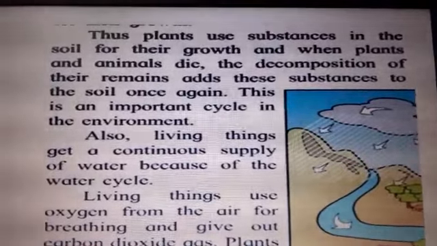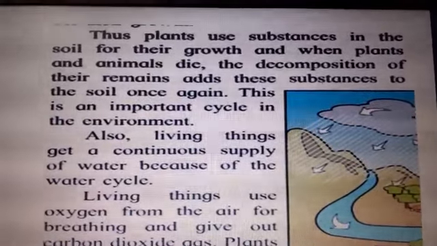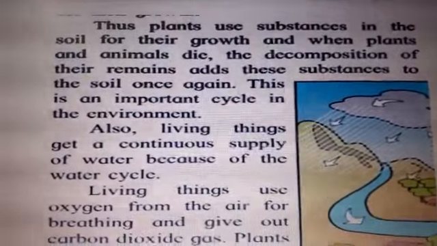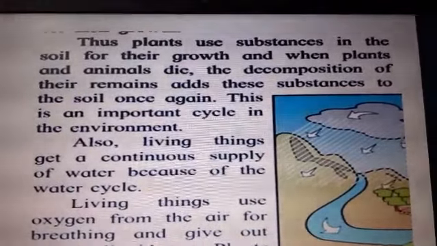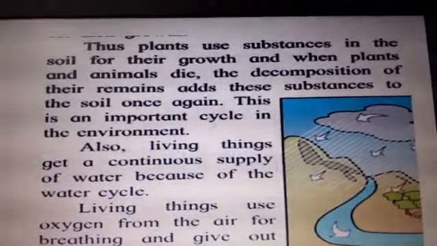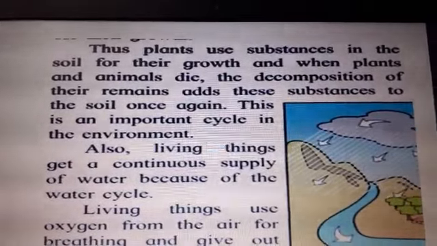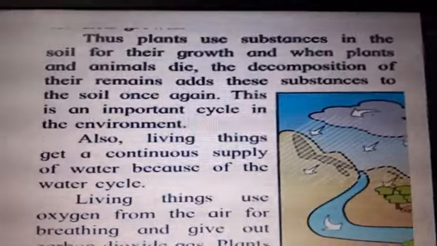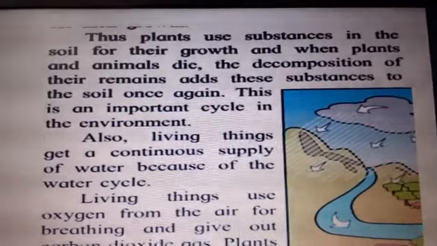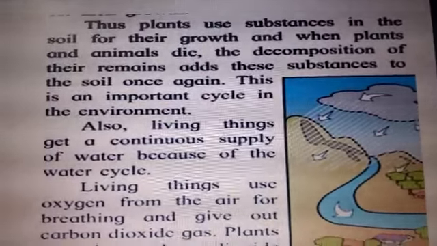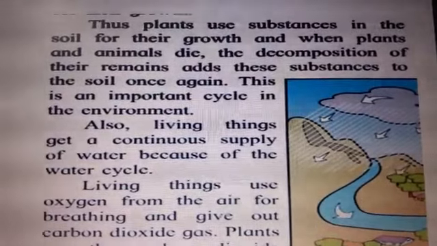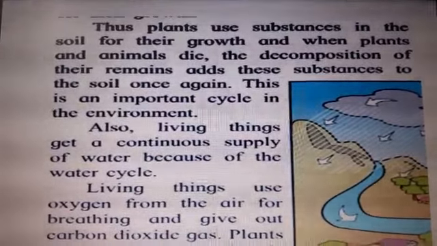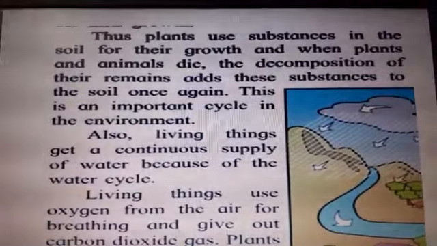After a few months, if you dig the same place, you will find that there is nothing left. Microorganisms have decomposed the body of the animal. In the same way, when plants and animals die, the decomposition of their remains adds these substances to the soil once again. They are all mixed back into the soil in nature with the help of microorganisms. This is an important cycle in the environment.